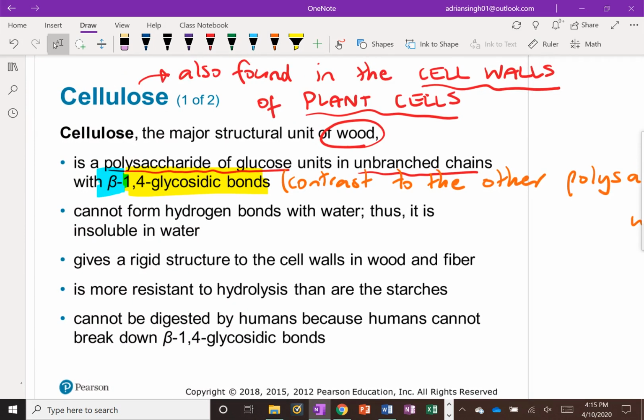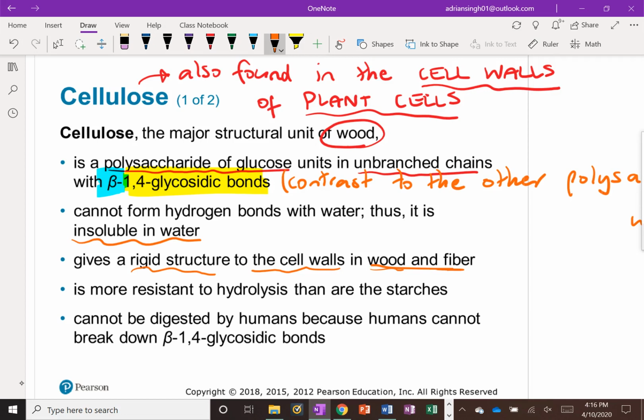So your cellulose, just some general properties of it. It doesn't form hydrogen bonds with water, so it tends to be insoluble in H2O because of the way that the cellulose is actually packed. It gives a very rigid structure to the cell walls, but also in wood and fibrous tissues in plants.